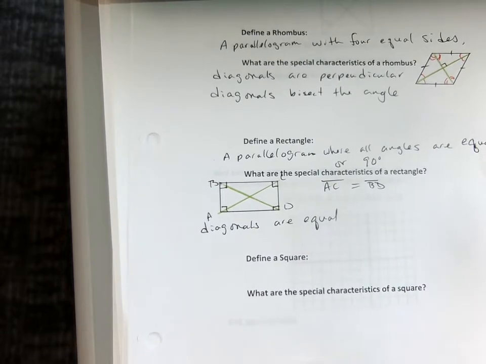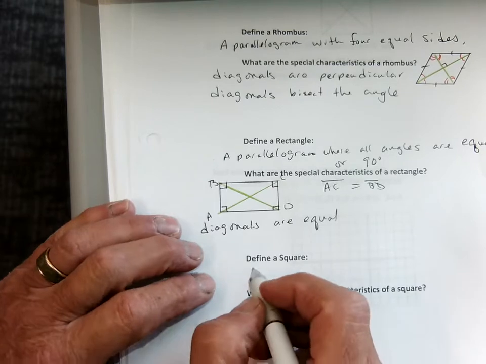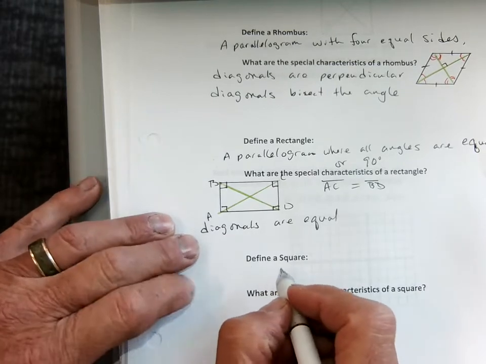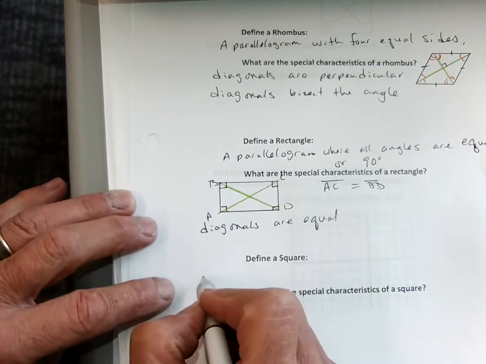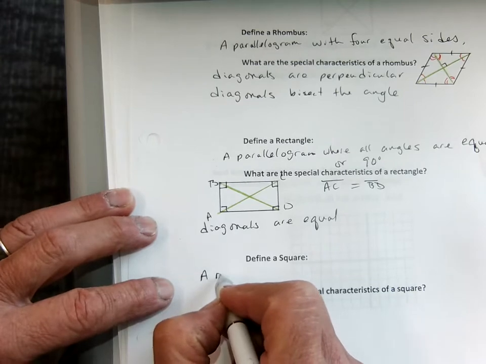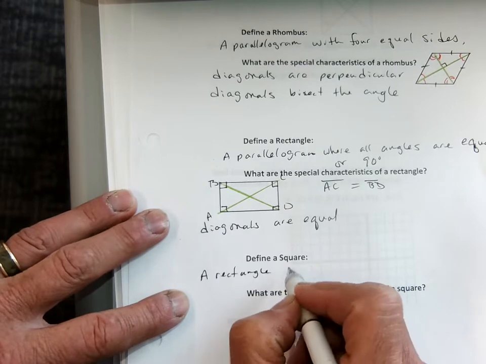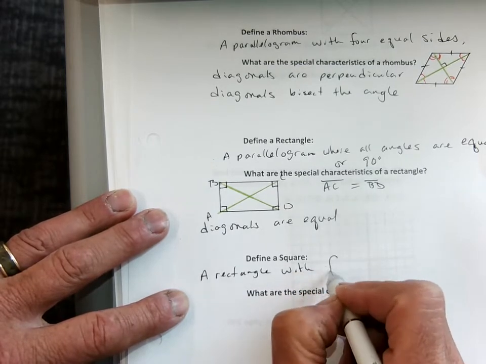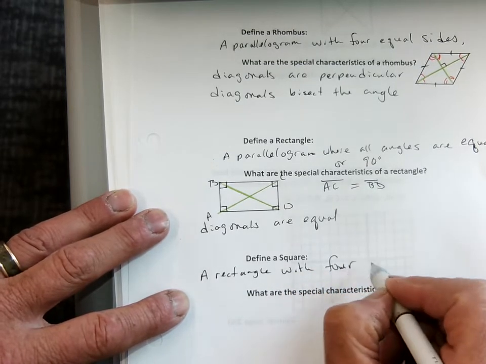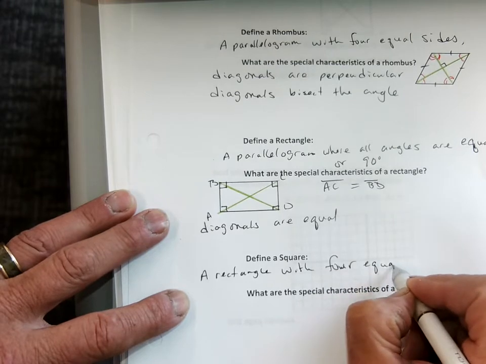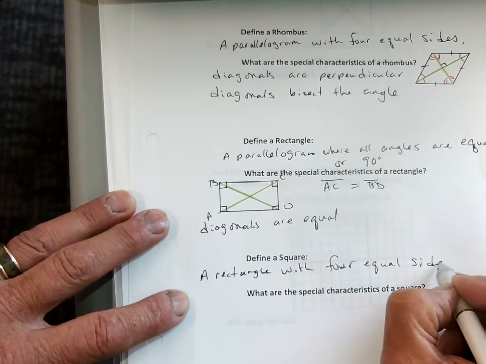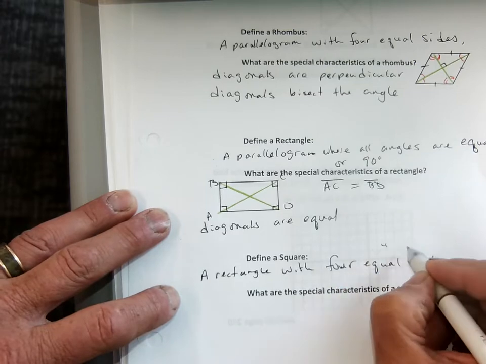Okay? Now what about a square? Well, a square is a parallelogram, or it's either, I like to use this, it's a rectangle with 4 equal sides, which means it's a rhombus, right?